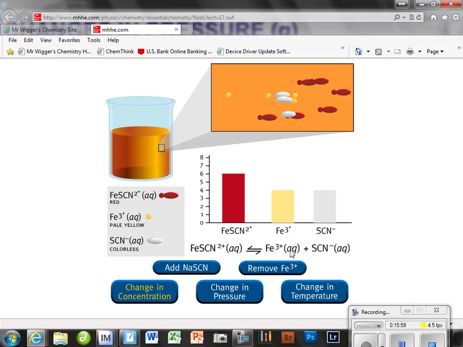If the reaction goes this way, what's that going to do to the concentration of SCN? I break up these guys, iron and SCN. That's this reaction, going to the right. What happens when I go to the left?